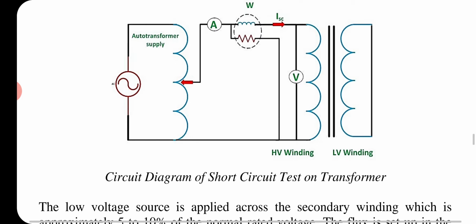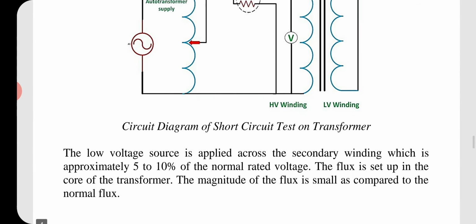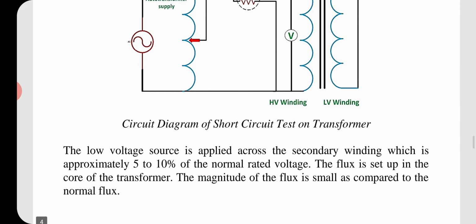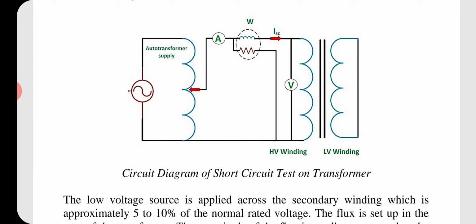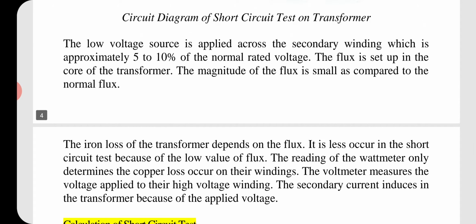One of the losses, that is the iron loss, depends on the amount of the flux. So in the case of the short circuit condition, the iron loss will be very less as compared to the open circuit case.